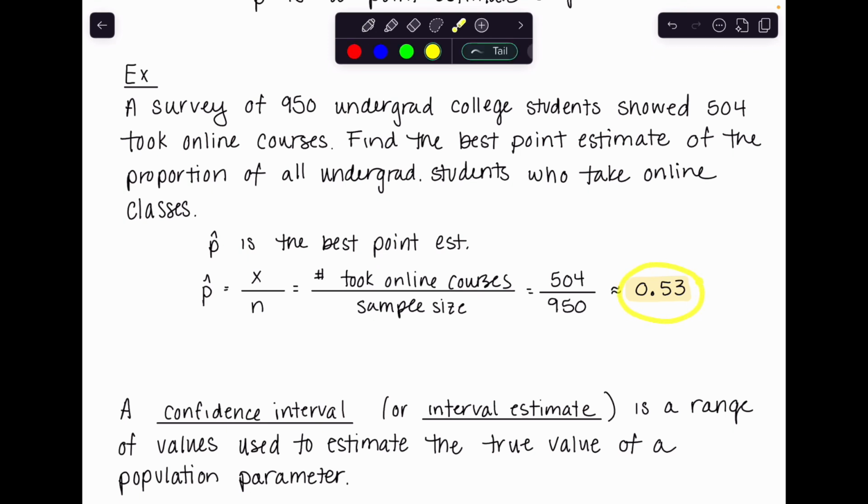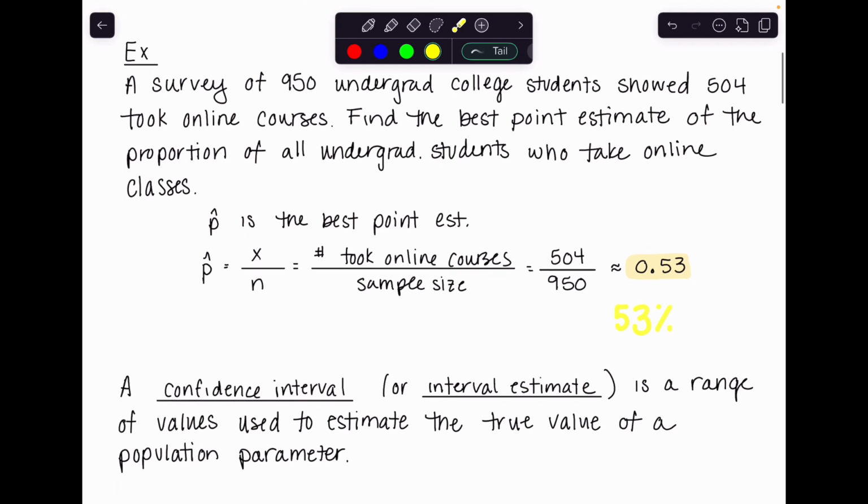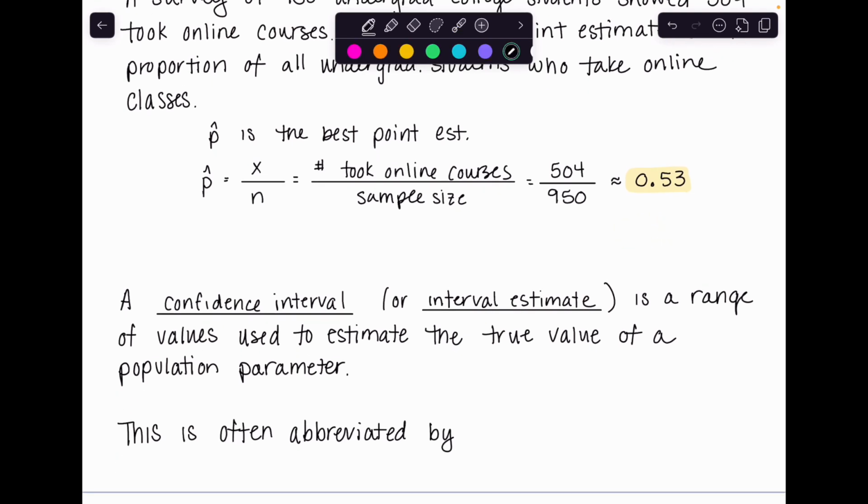So this 0.53 or 53% is telling us about 53% of students take online courses. But what I really want is, I know there's definitely error associated to this because it is just a sample. So can I come up with a range around that 53% that I'm confident the true value lies in? And this is often abbreviated by just using a capital C and a capital I for confidence interval.